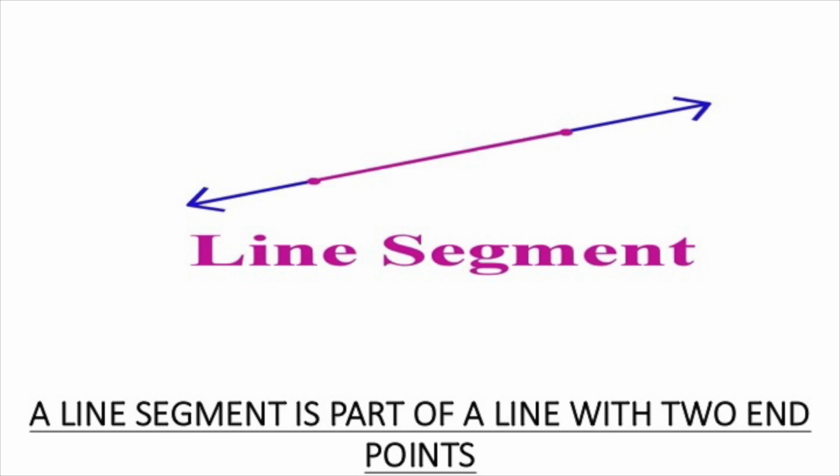So here, what colour is the line segment? What colour can you see here, guys? Pink. The line segment is the pink part because we have a point here and a point here. And the line segment is always between the 2 points.